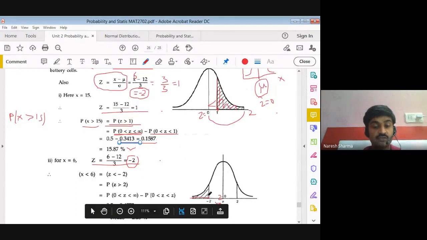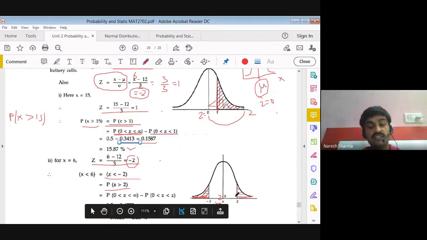And we know that both sides form a symmetrical curve, so less than minus 2 is the same area as more than 2. So we may write less than minus 2 as greater than plus 2.